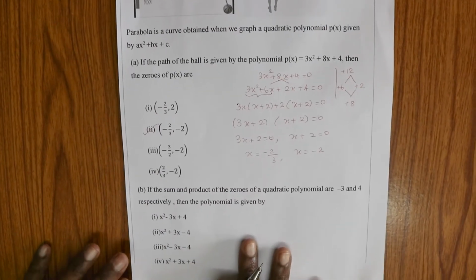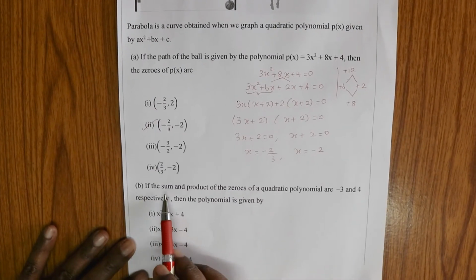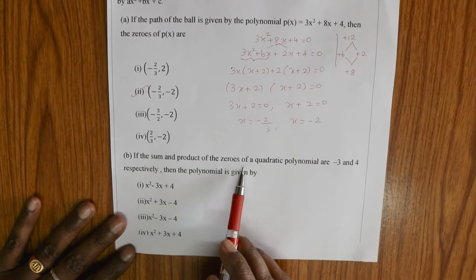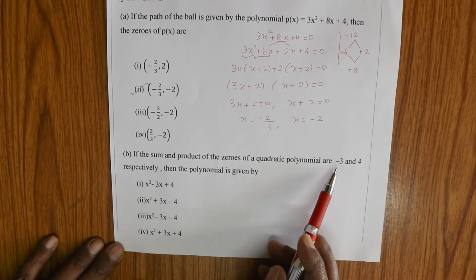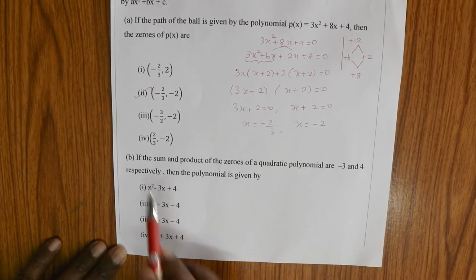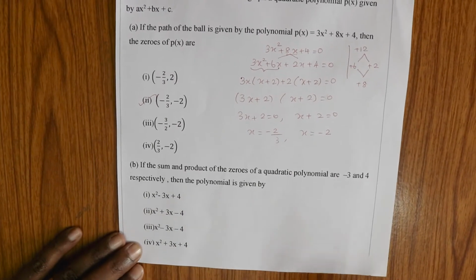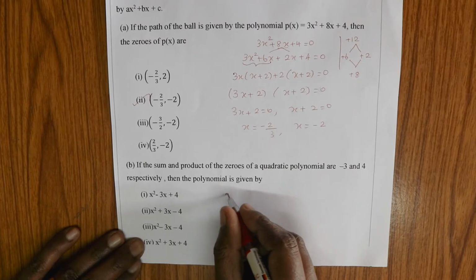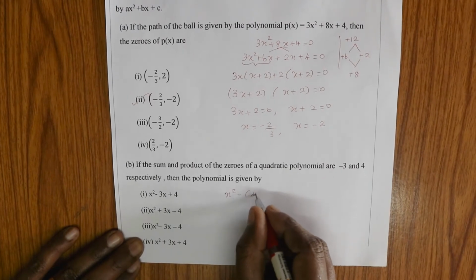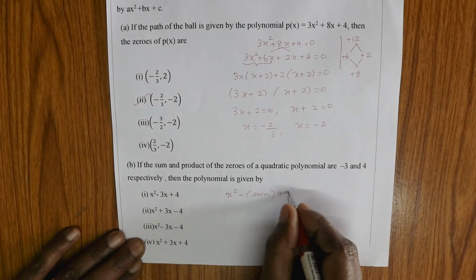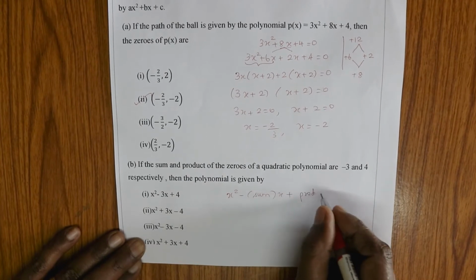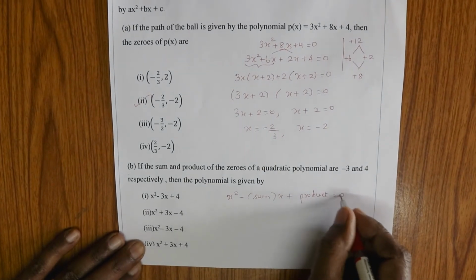Second one. If the sum and product of the zeros of a quadratic polynomial are minus 3 and 4 respectively, then the polynomial is given by. Here you have to remember the equation: x squared minus sum of the roots into x plus product of the roots equal to 0.